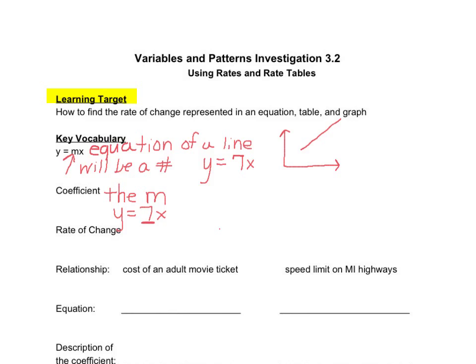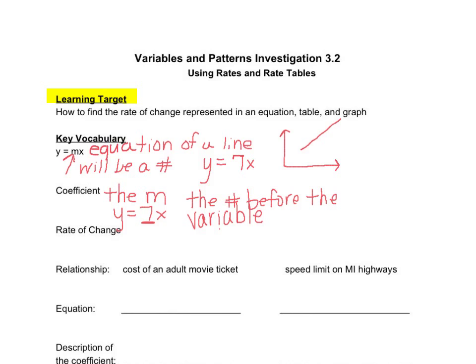So it's the number before the variable. And if at any point you need to pause it to make sure that you are getting the information down, please feel free to do so.